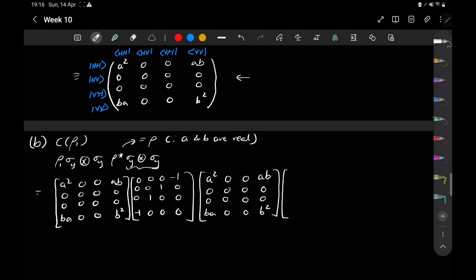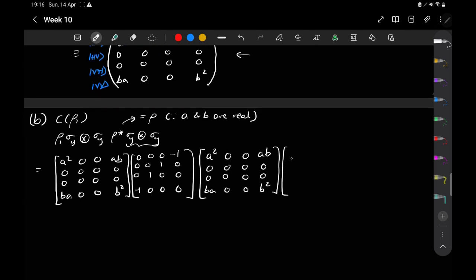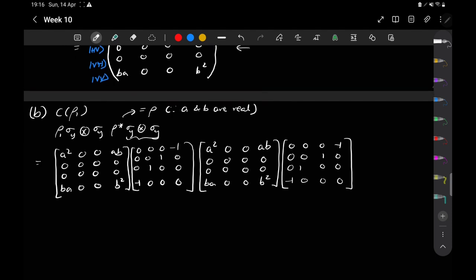And finally tensor product of sigma y with itself. Now let us multiply this with this and this with this.